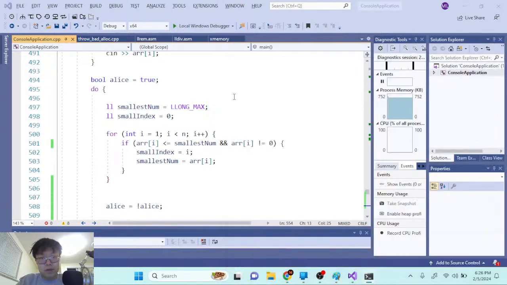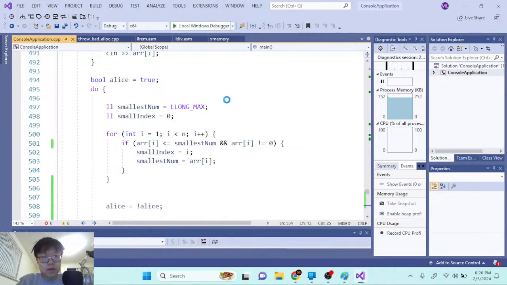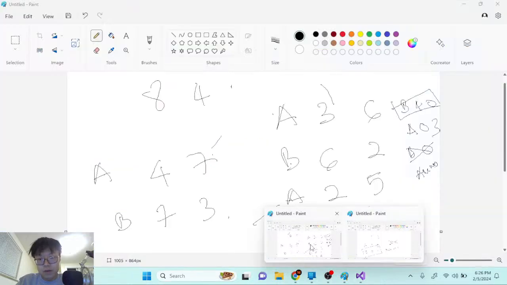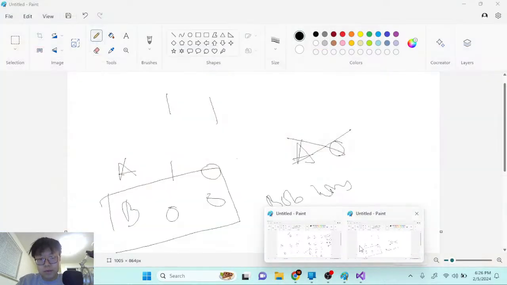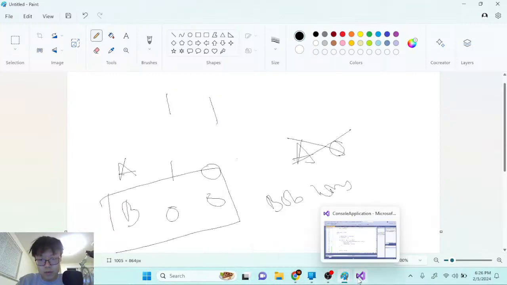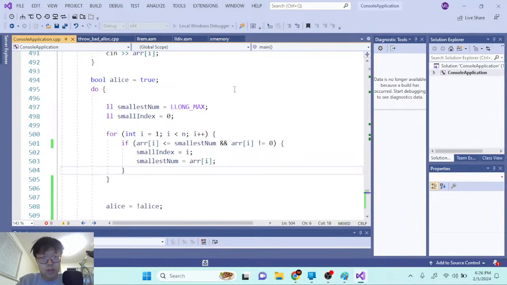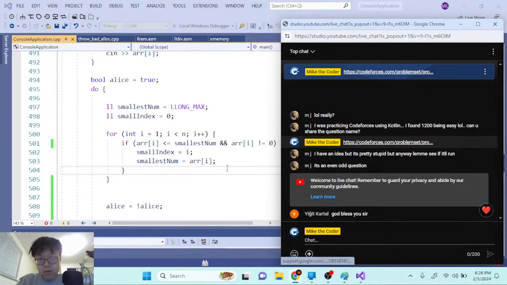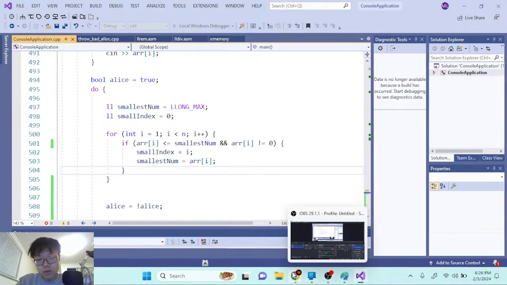So let's actually go through this again. What case was this one? Let's put 2 cases, 2, 2 and then 1, 1. Bob should win. So let's see what that does.